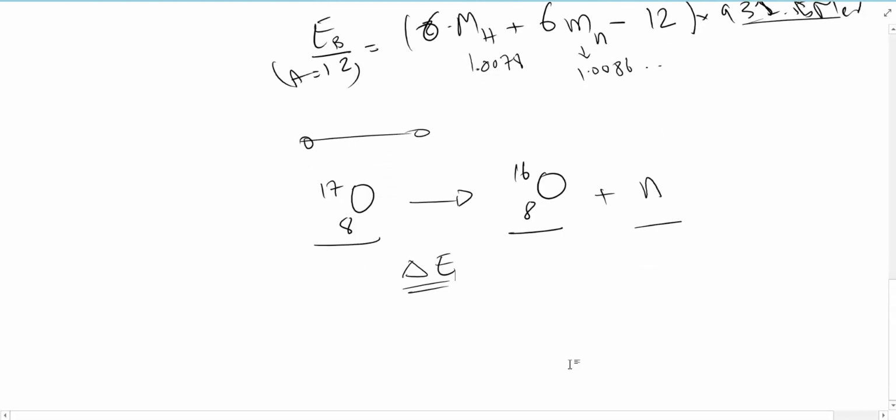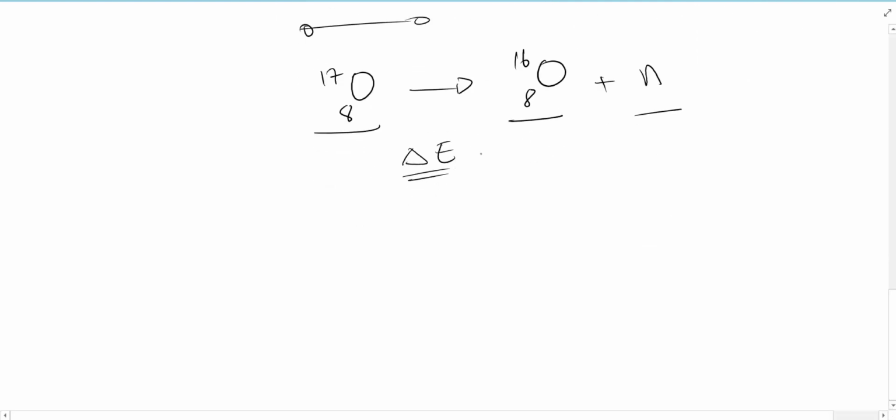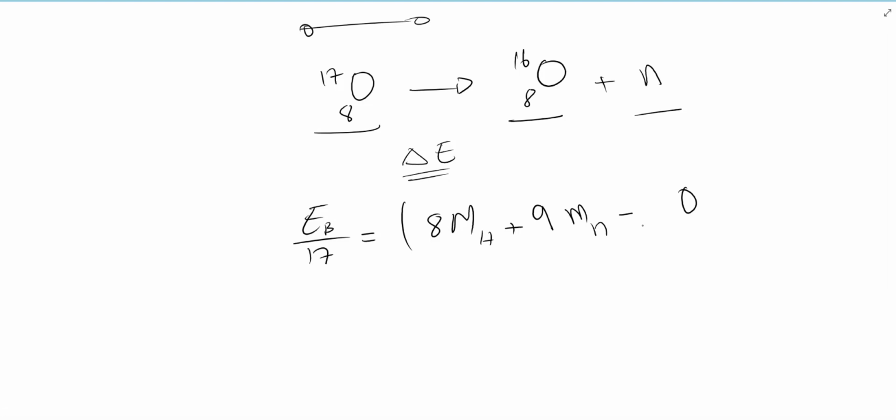We're going to use the same formula as before. We find the binding energy for this isotope of oxygen, which is going to be 8 masses of the hydrogen plus 9 masses of the neutron, minus, again, we have to look at the same table, 43.2, to see exactly how much this number is. Oxygen 17 is 16.99132.